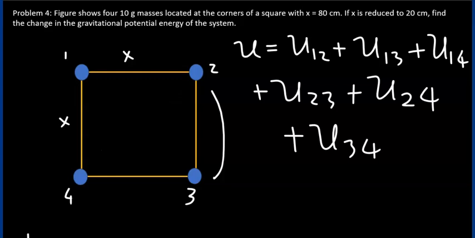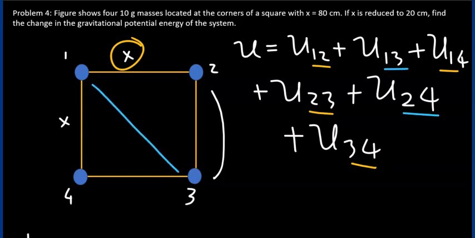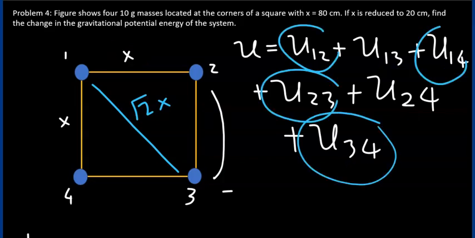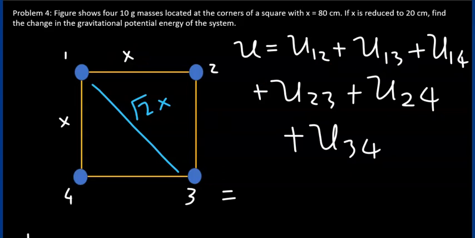Note that the distance between masses 1 and 2, 1 and 4, 2 and 3, and 3 and 4 are all x, while the distance between 1 and 3 and 2 and 4, so they are diagonal distances, is given by square root 2 times x using the Pythagoras theorem. So let's first compute the potential energy terms with x being the distance between the masses.